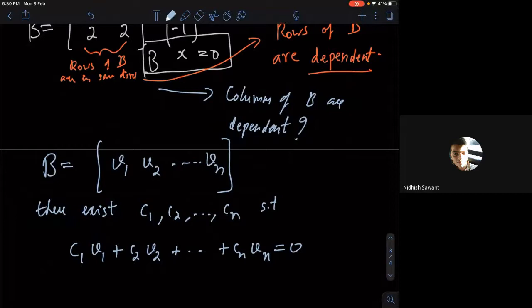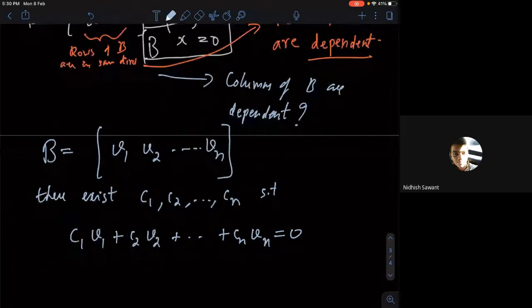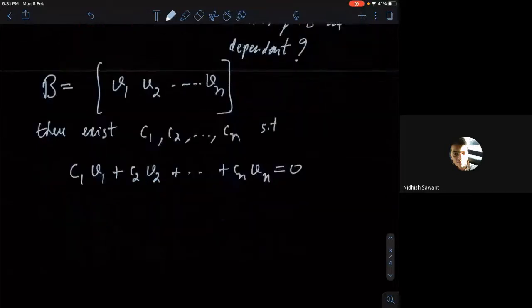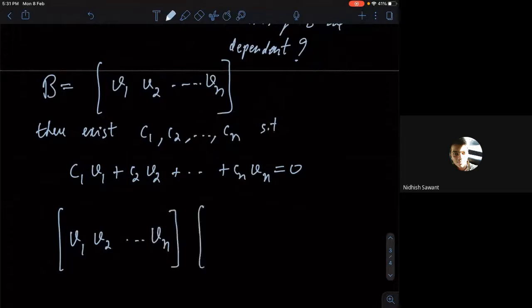Can I write this in a matrix form, in a better way? V1, V2 up to Vn, times the vector of C's.